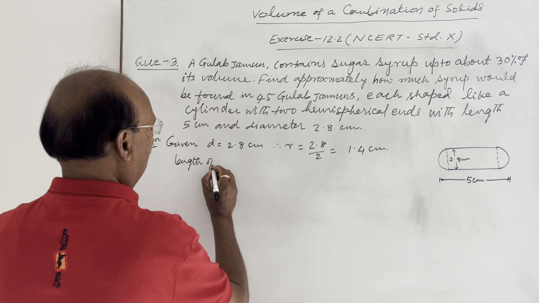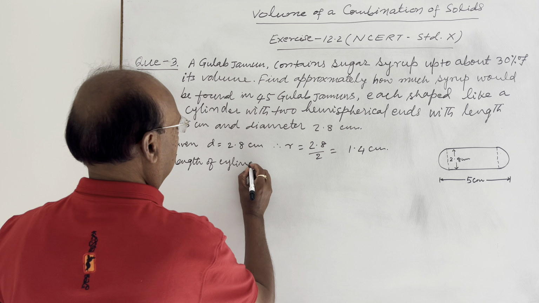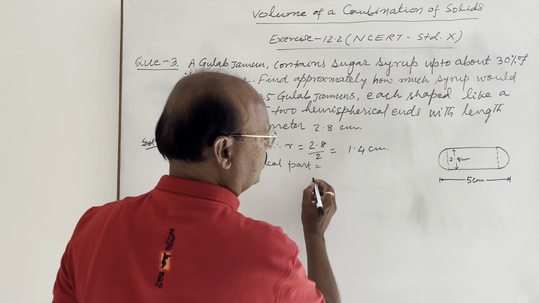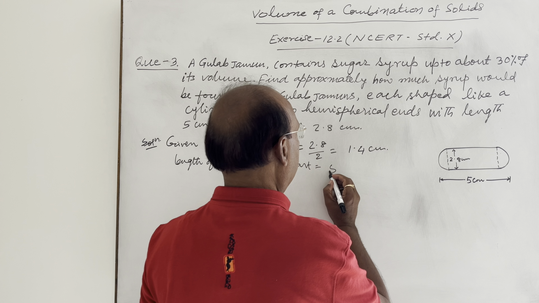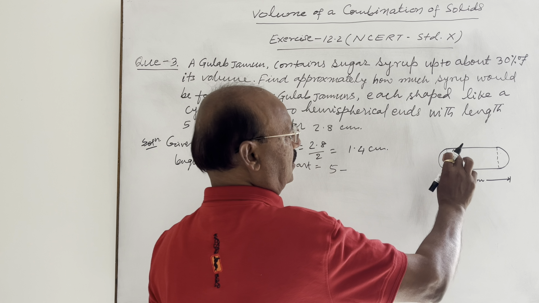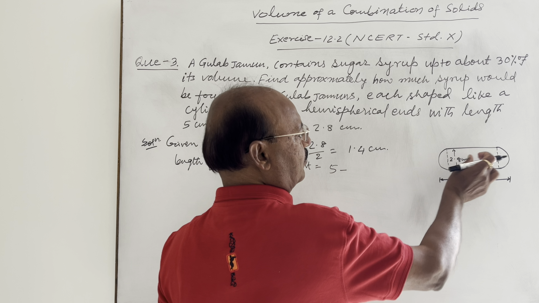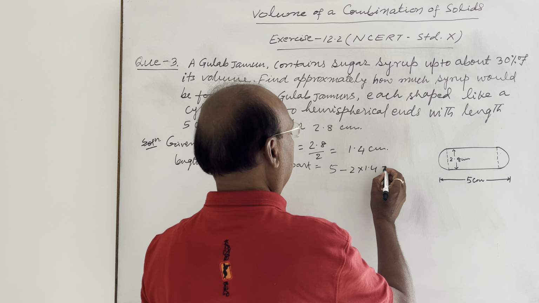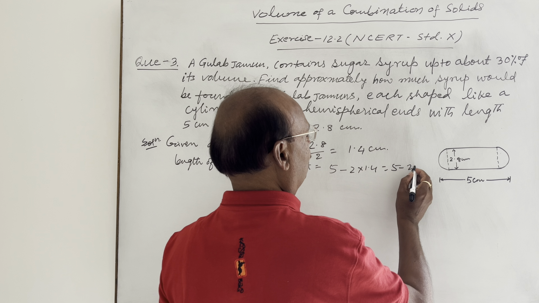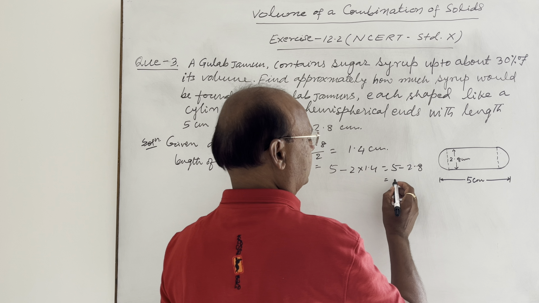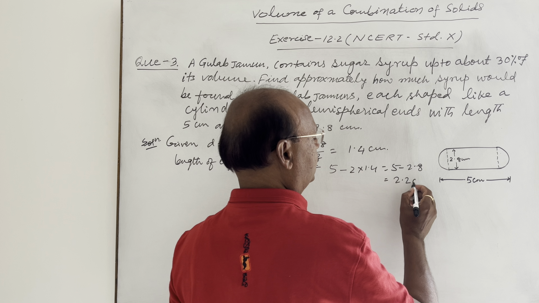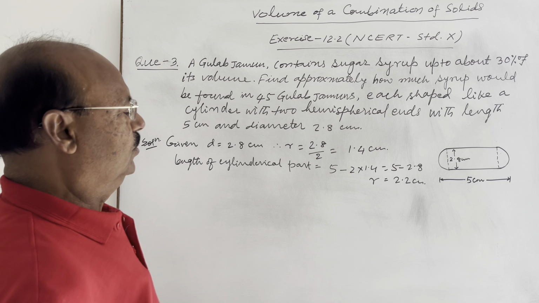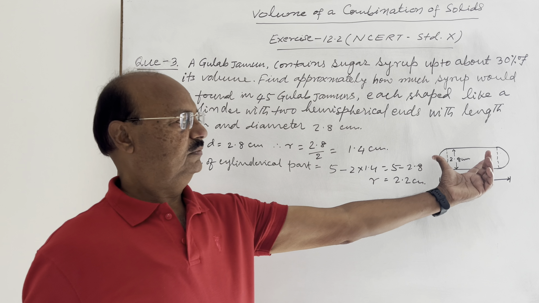Length of cylindrical part is equal to total length, 5 centimeter, minus the radius subtracted from each side. So 5 minus 2 into 1.4, is equal to 5 minus 2.8, and this is equal to 2.2 centimeter.